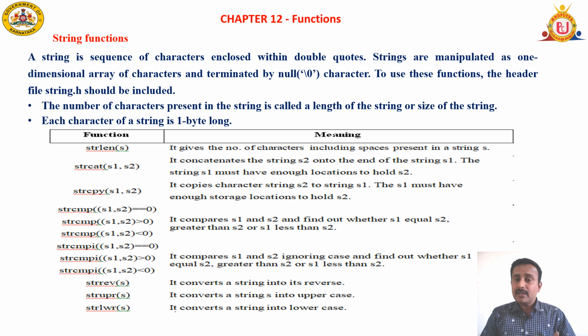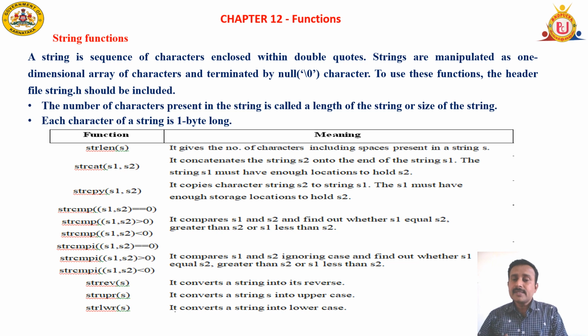If the first string is higher, that is, the ASCII value of the first string is higher than the second string, then it returns greater than 0. It will give you a resultant value greater than 0. If the first string is lower and the second string is higher, automatically it returns less than 0. By considering the case difference, remember students, when it compares the two strings, if it is in uppercase, the ASCII value is lesser.